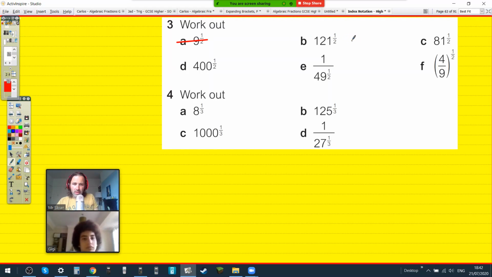Let's try these. Okay, question B. 121 to the power of a half is equal to square root of 121. Non-calculator. Square root of 121. 11. Yep. That's 11.